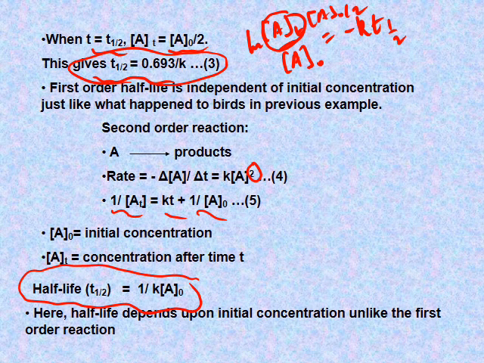So if you calculate the half-life, it's going to be 1 over K times A0. So here the half-life depends upon initial concentration. On the other hand, in the case of a first order reaction, let me show you with an asterisk, the half-life is independent of initial concentration. So it doesn't matter what moles per liter you begin with. The half-life is going to be the same for that particular reaction.